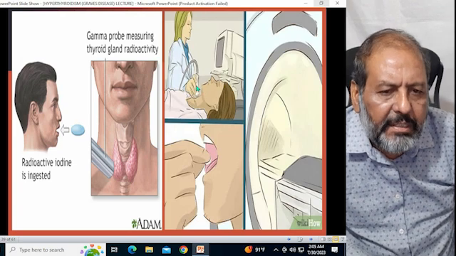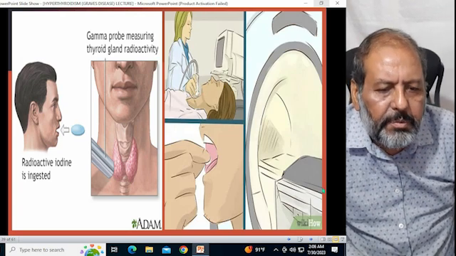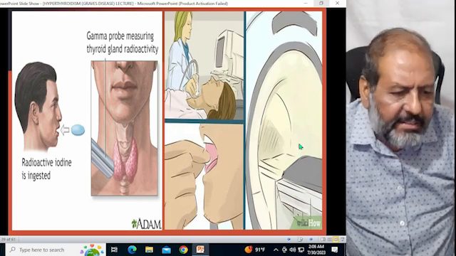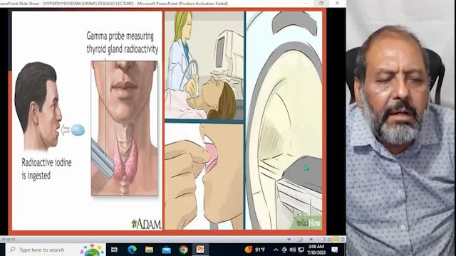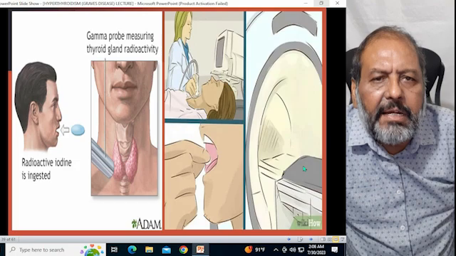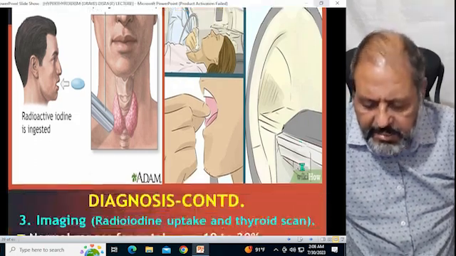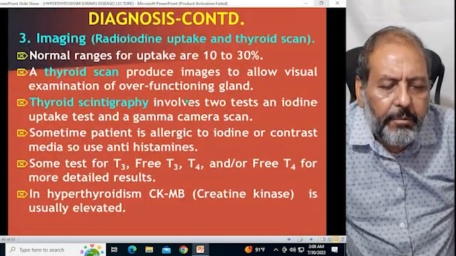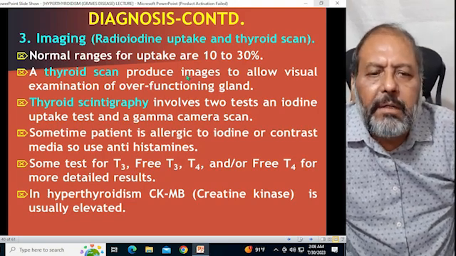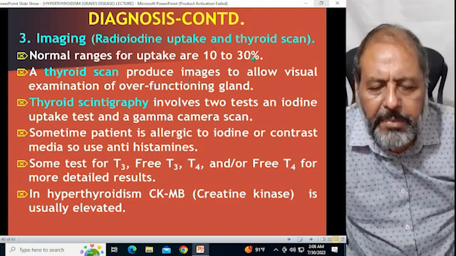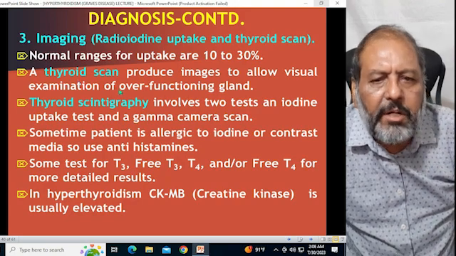Same here, one can measure via this probe and also by this scan. The aim is to measure, and here one can do the thyroid scan under this machine. Now, the normal range of thyroid uptake is 10 to 30%.